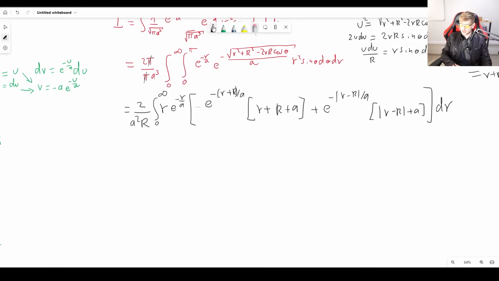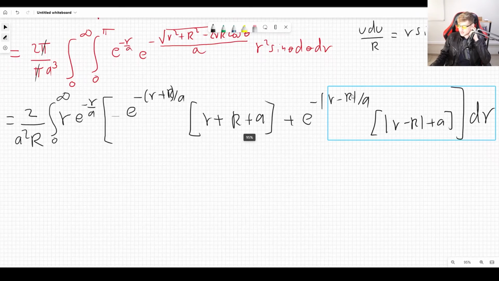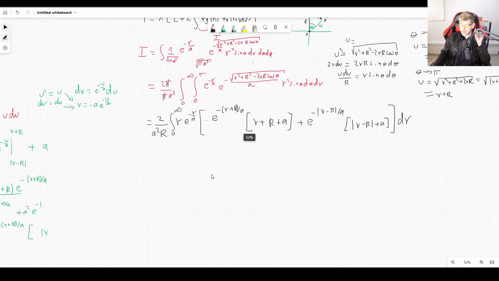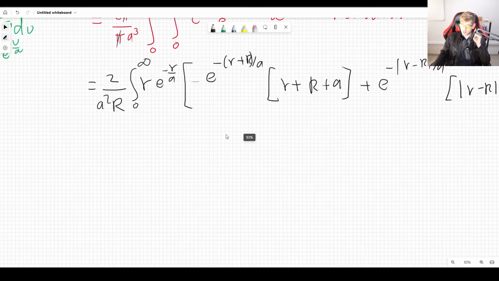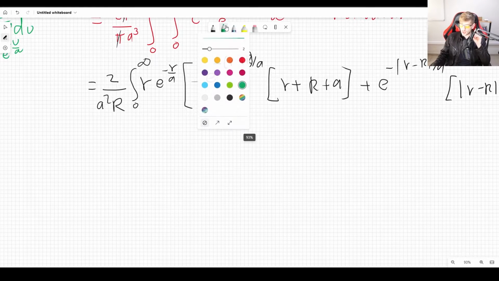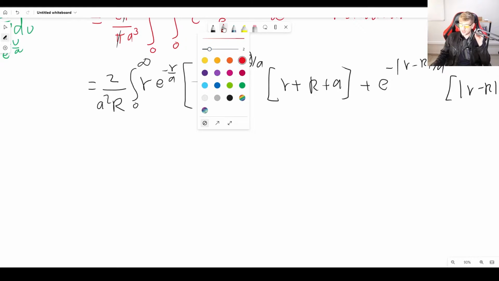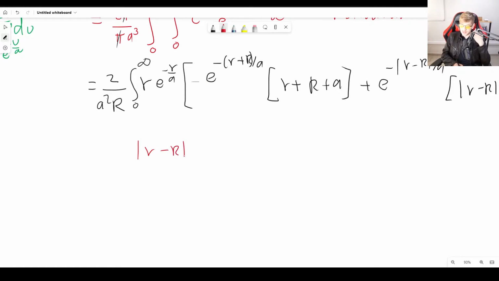Okay, so the r integral, notice that we have this absolute value in here. And that is very, very important to note because we are integrating from 0 to infinity, and the absolute value, its value depends on the value of r, okay?